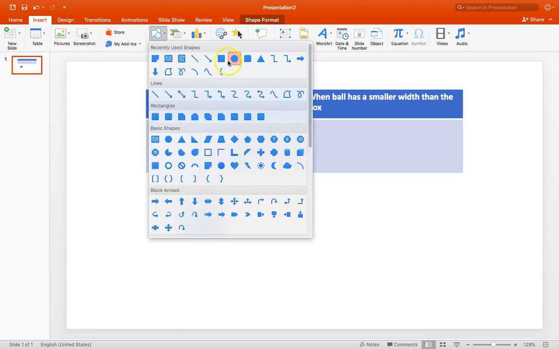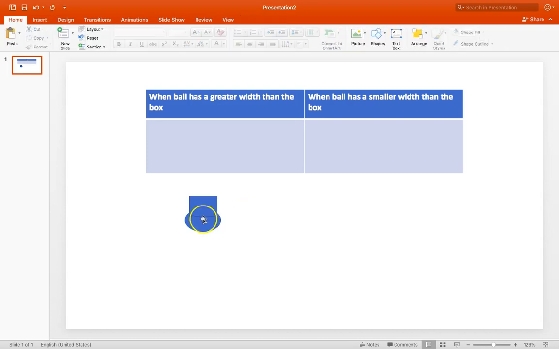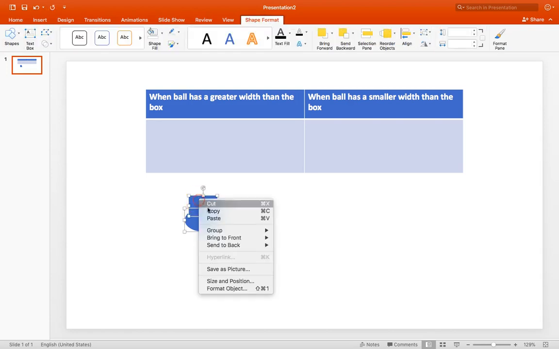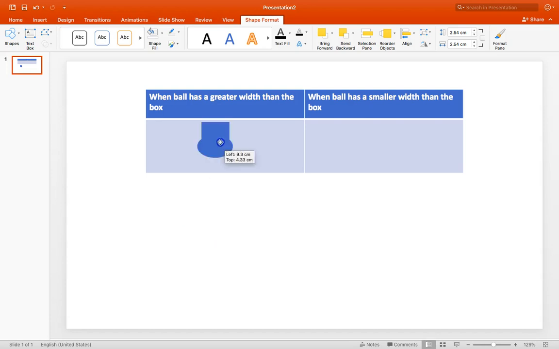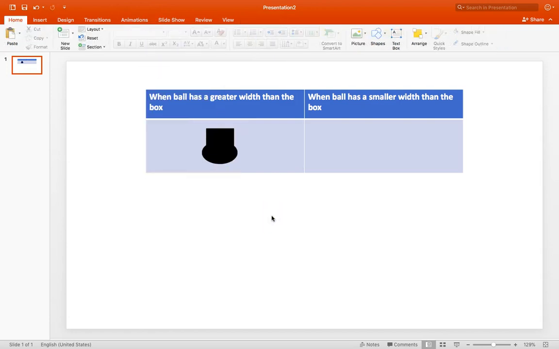Let me insert shapes. This will be when the ball has a greater width than the box.